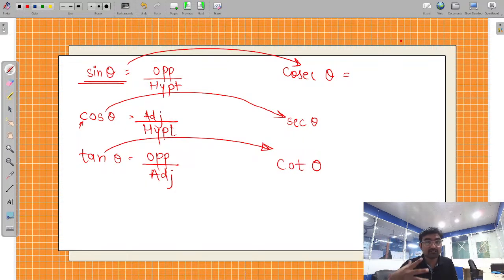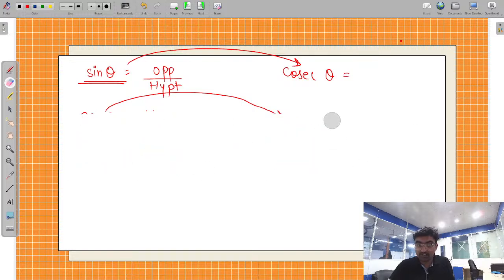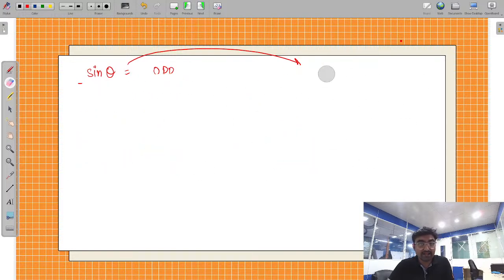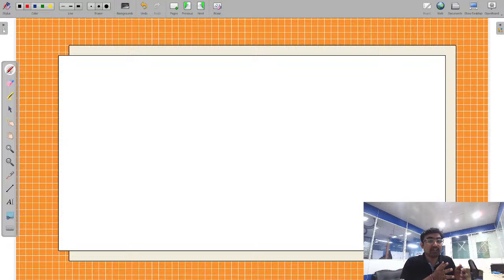Now the next part is how we are implementing them in practical things. Okay, so let's start. We are still one step away from exactly learning practical applications, but we'll learn it. But first we have to know what the standard ratios are. We have found the ratios of some standard angles that will always give us the same value.